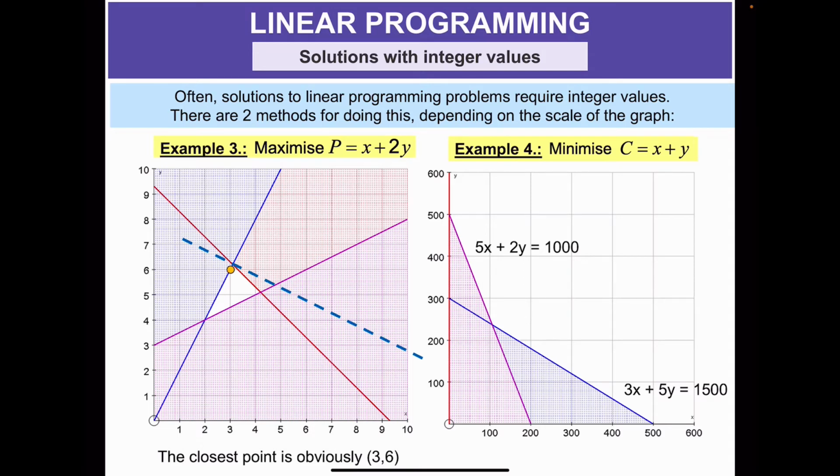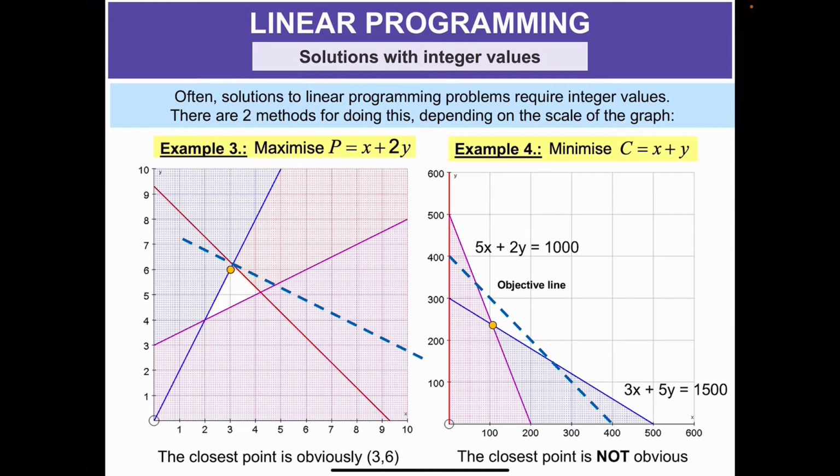When I sketch the objective line, because I am minimizing, I'm moving it closer to the origin, and when I move it, I locate this point. And because of the scale, it's not easy to say which point is the closest to the yellow point and has integer values.